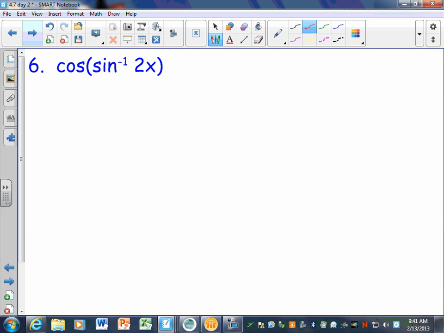And every time, you're going to want to rewrite that and draw a picture to match it up. So if it's asking you for the inverse of this, I'm just going to get you started on this first step. I could say that the sine of some angle, theta, is equal to 2x over 1. Do you agree with me on that? So what I want you to do is take a minute and see if you can label a triangle and solve for the third side, and maybe even go ahead and do the outside part.